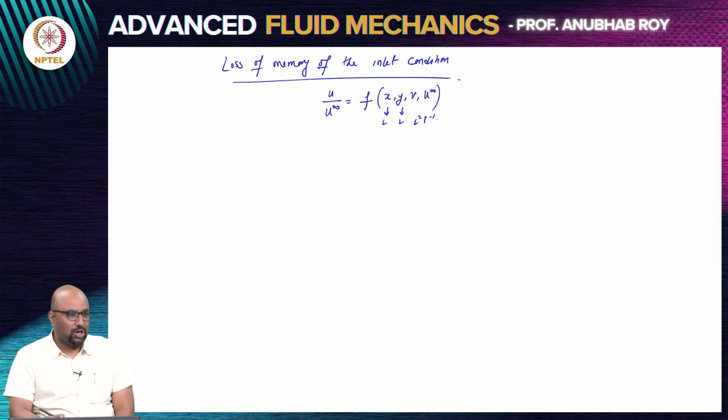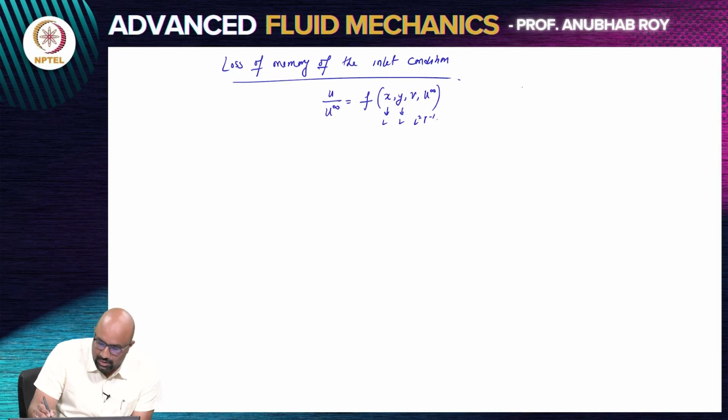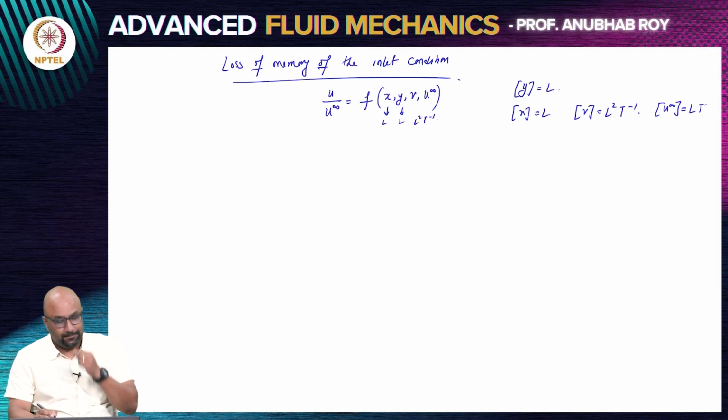Now you can give it a shot. Is it possible to construct a non-dimensional variable using these combinations? So y obviously has dimensions of length, x has dimensions of length, kinematic viscosity has dimensions of length square per unit time, and u infinity has dimensions of length per unit time.